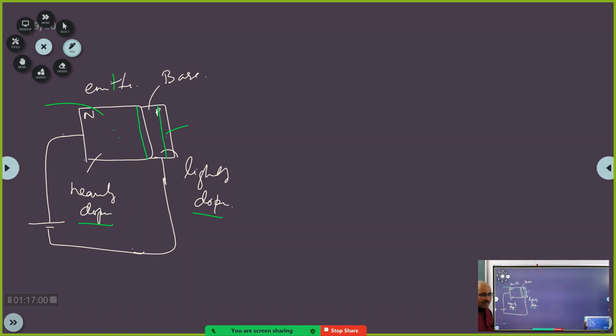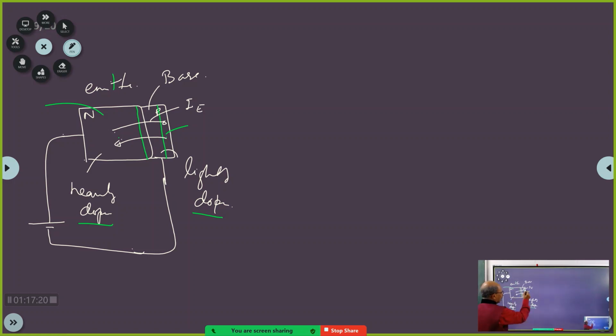Since it is heavily doped, the concentration here is very large, and the concentration here is comparatively less. Correct? So when you forward bias this, the majority charges, what are the majority charges? The electrons. So this becomes the electron current. And the holes are traveling like this.